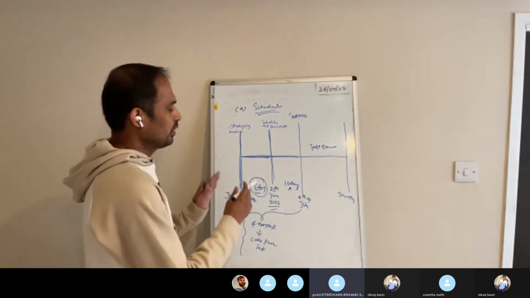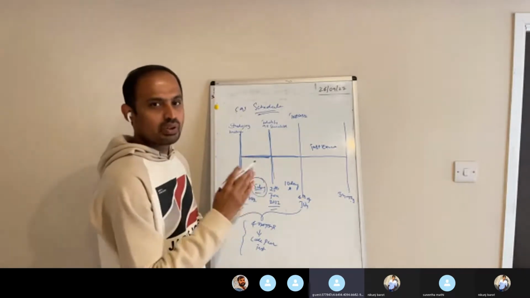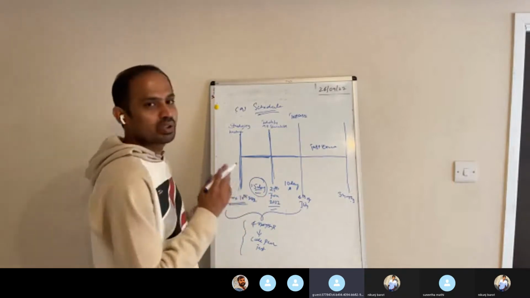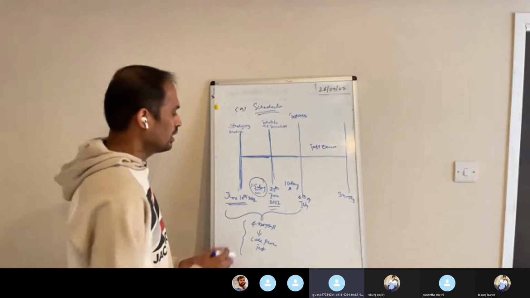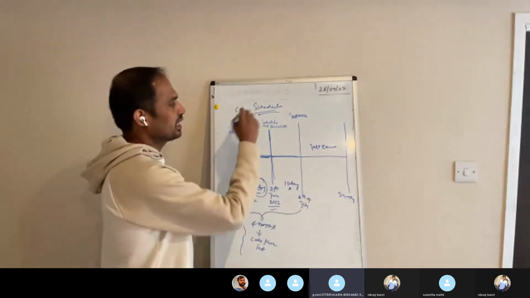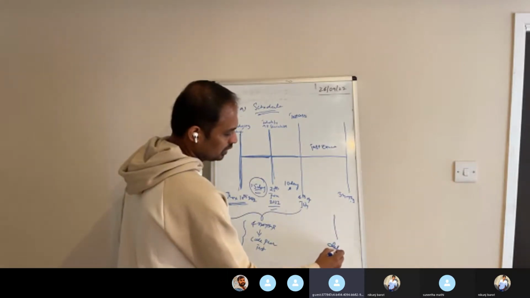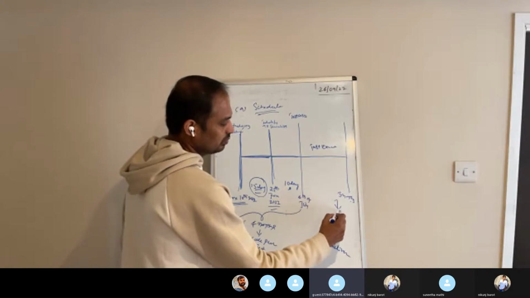Like this, we are gonna mention each and every date: on what date we are gonna start execution, on what date we are gonna identify all the scenarios, on what date we are gonna read the document and understand the requirement. So each and every date will be mentioned in the schedule. On what date we are gonna deliver the project, on what date we need to finish testing.